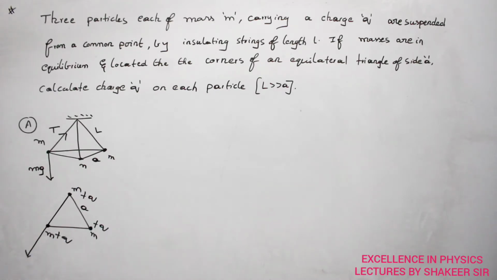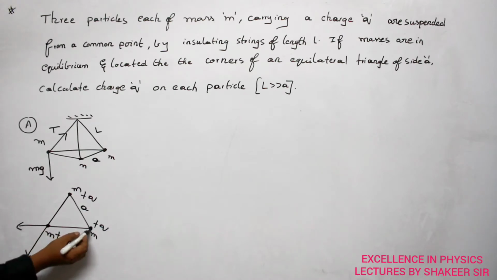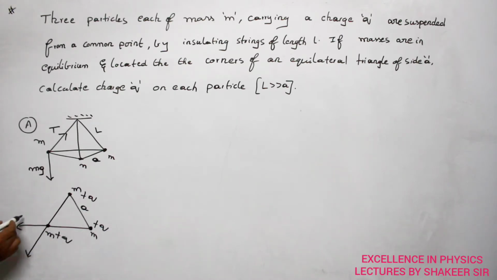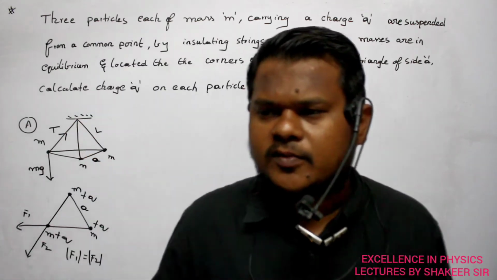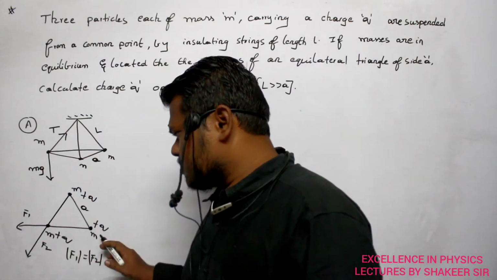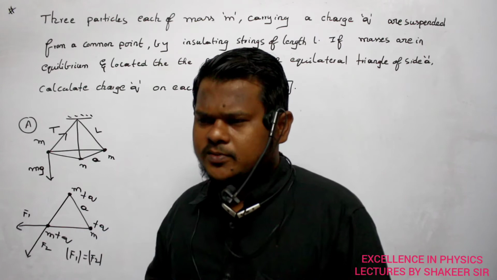Similarly, this particle will be repelled in this direction with the help of this force. If this force is F1 and this force is F2, can I say the magnitude of F1 is equal to the magnitude of F2? Definitely I can say they are equal, because the charges are equal and the distances are also equal.